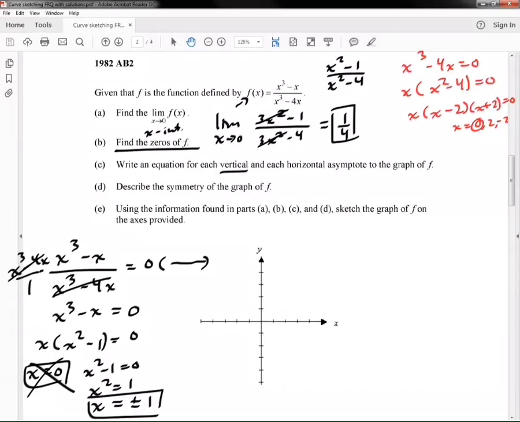And if there is a vertical asymptote at 0, it would look like this, with the vertical asymptote like this. And normally lines go like that, or they go like that when they approach an asymptote. But what we found out right here is that this function approaches 1/4 as we approach 0 from the left and from the right.